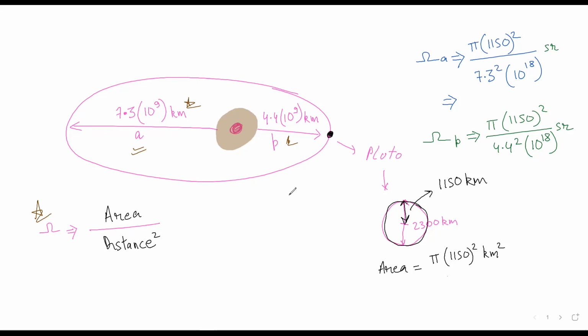Now we assume this heavenly body, Pluto or moon or whatever, to be a sphere. When you are looking at this sphere, basically the angle that it will form on your eye, just try to imagine, would be this angle.